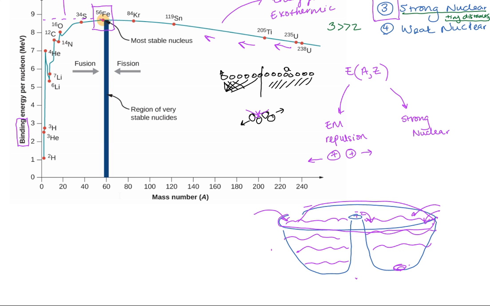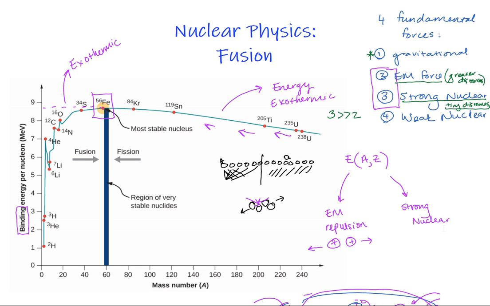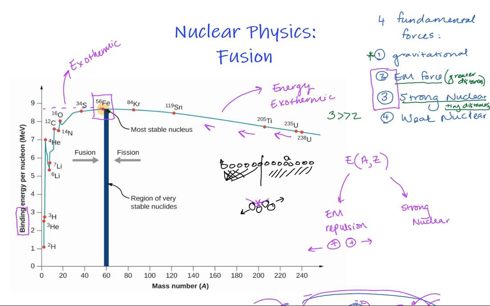Now again, this is just an analogy to think about the fact that there is the perfect configuration. If you're too big or too small, you will move towards that point because of the natural attraction and repulsion of the nucleons. You can look at this in a lot more mathematical form through the semi-empirical mass formula, which we're not going to focus on in this video.